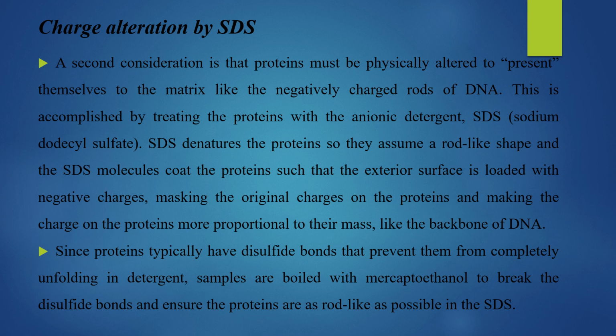So another way of causing the proteins to behave in the manner you want is to boil them with mercaptoethanol. Mercaptoethanol breaks disulfide bonds and makes the proteins more rod-like, like your nucleic acids.